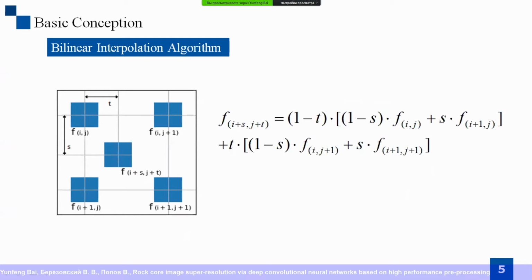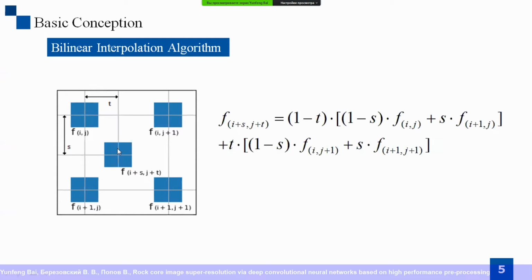First, bilinear interpolation. When an image is enlarged or reduced to another image, the number of pixels needs to be increased or decreased. And the question is how to calculate the value of these pixels.